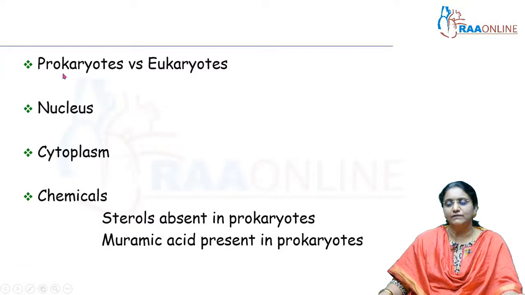Now we know what exactly the protista are. Based on this, we have to see the differences between pro and eukaryotes, and this can be asked in your viva, in your practicals or even in the theory. The difference is based on structure of the nucleus, differences in the cytoplasm, as well as difference in the various chemicals present in the cell.